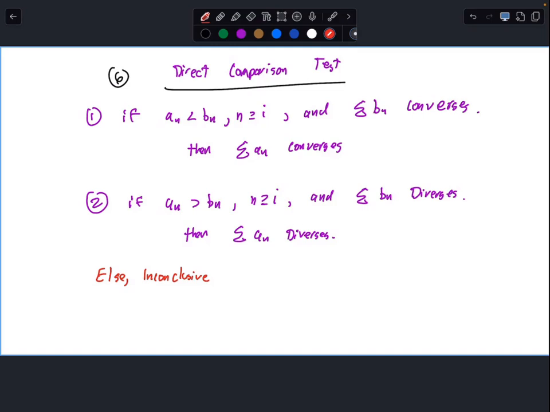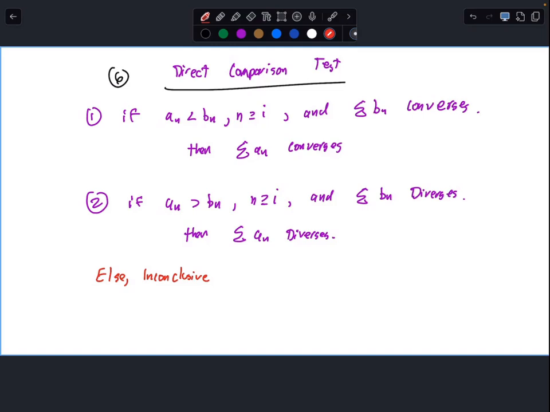So you have to be less than something that converges, or you have to be greater than something that diverges. Now, it doesn't mean that the test will converge or diverge for the other scenarios. You could be greater than something that converges, and you could either converge or diverge. So you don't know what that answer is. And so that's what oftentimes causes the problem.